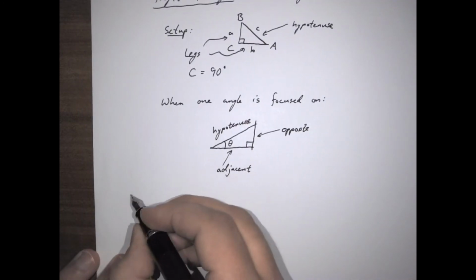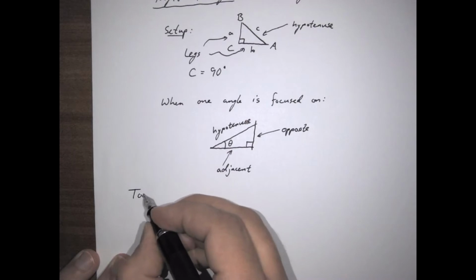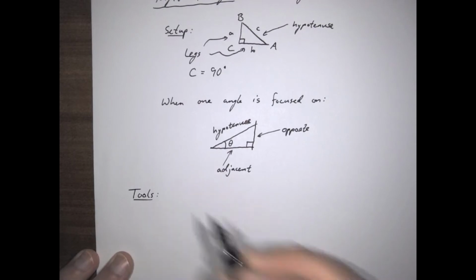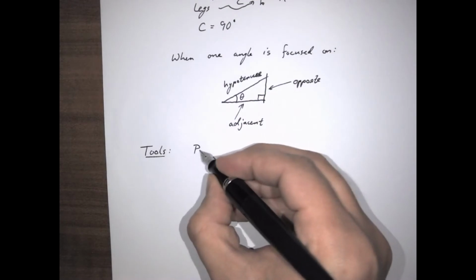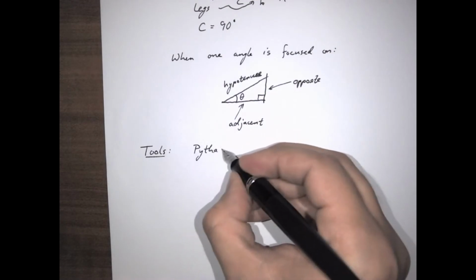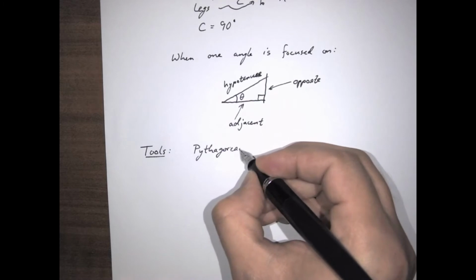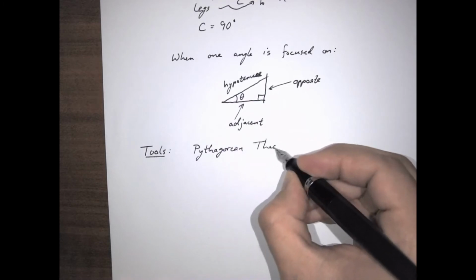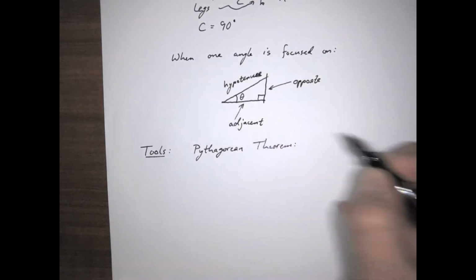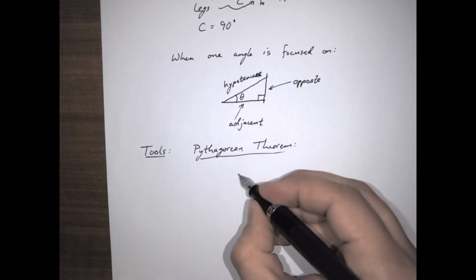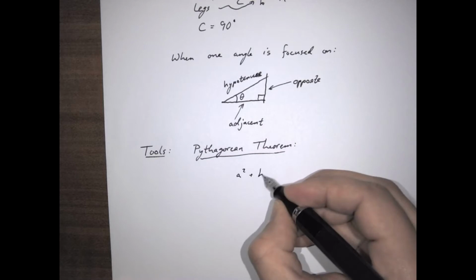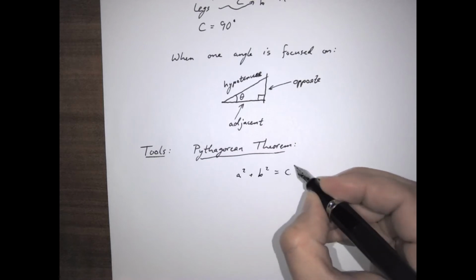Then, here are the tools that we'll have. First off, there is the Pythagorean theorem. So a squared plus b squared equals c squared.